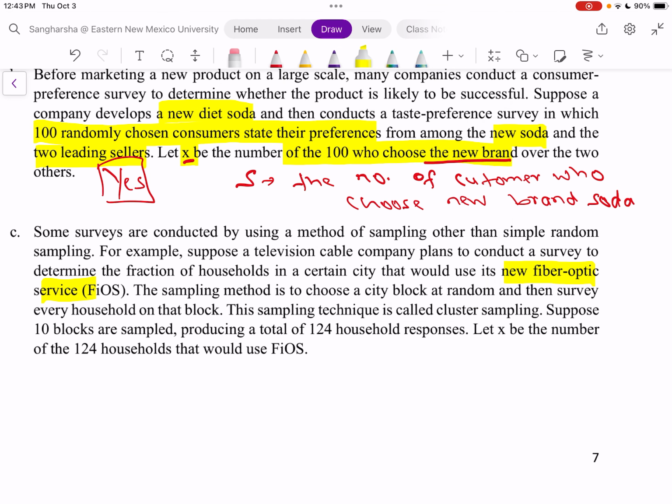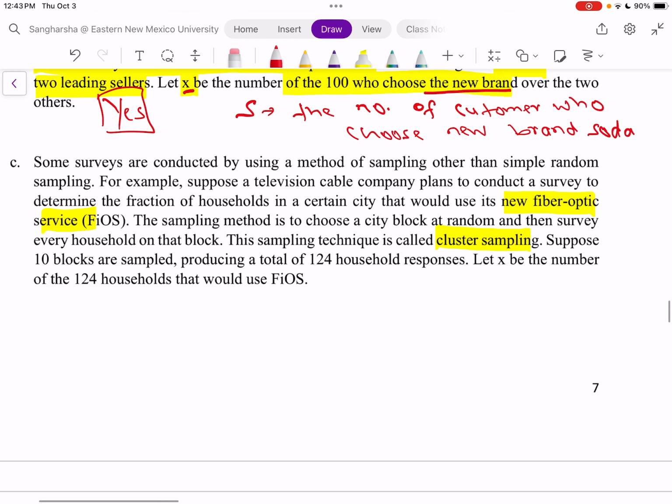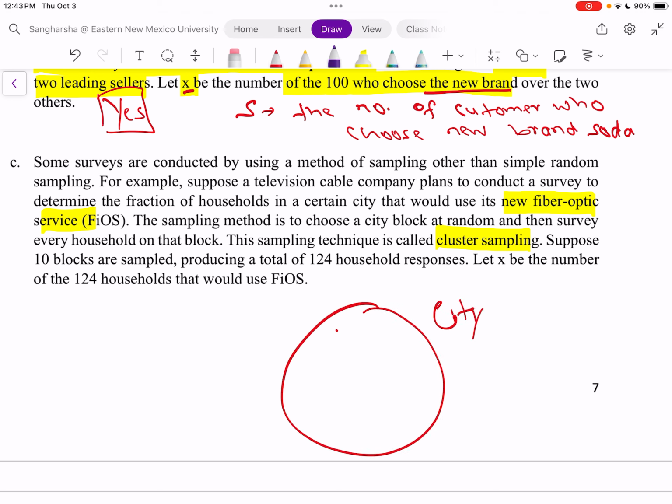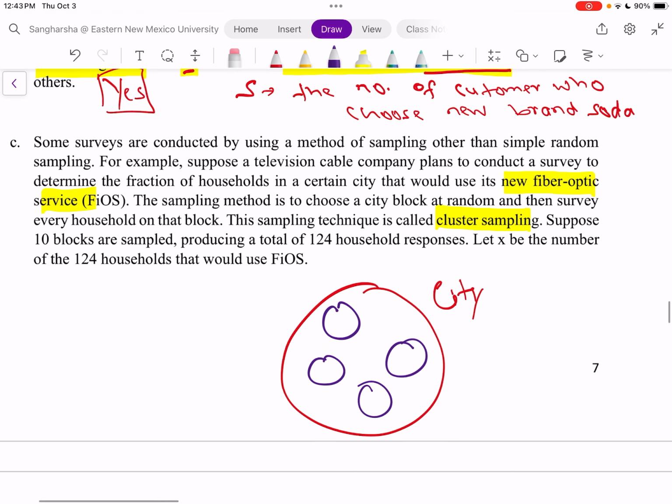This sampling technique is cluster sampling. So here, for example, we have this city, and the city has different residential areas. Here we have 4 residential areas. The cable company chooses a block.